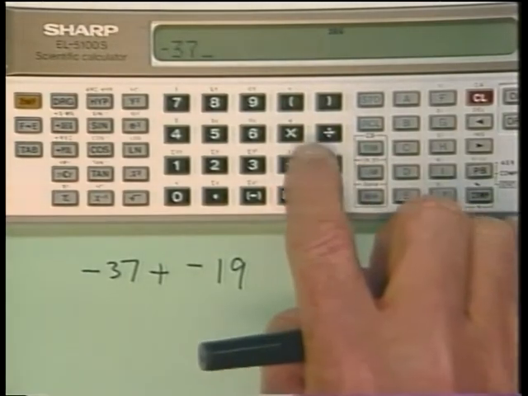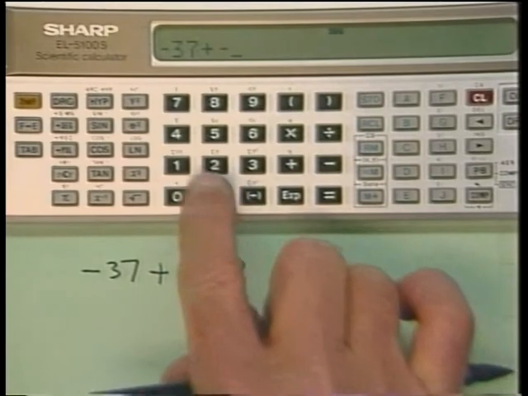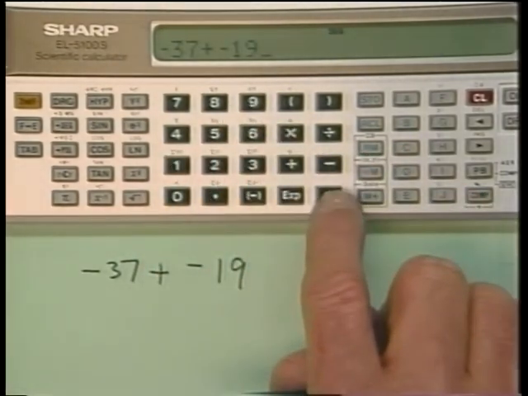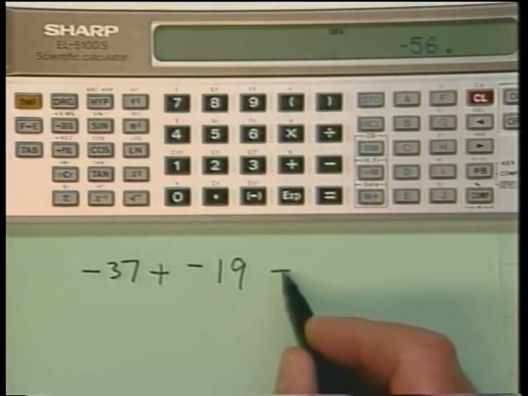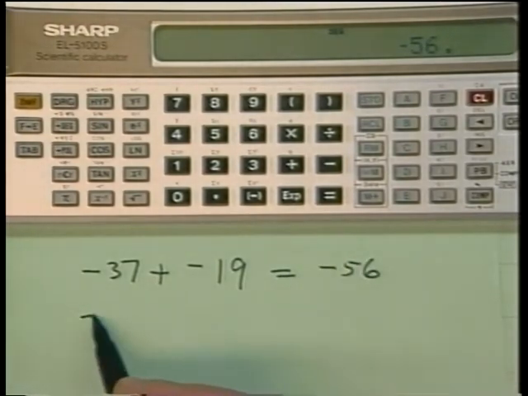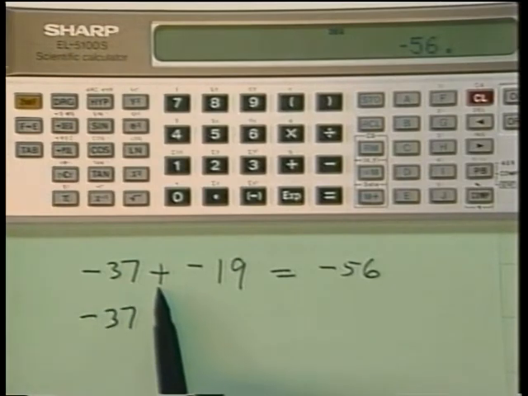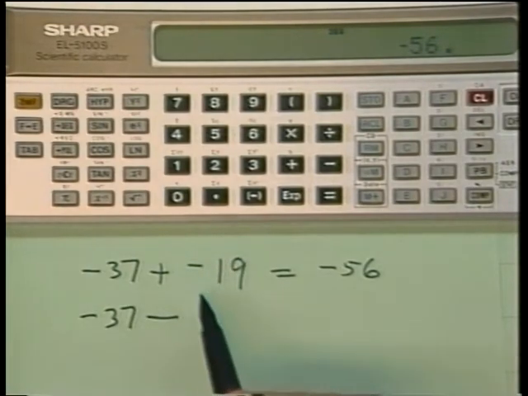then I would say add negative 19, and I would get negative 56. However, recall that we just said you can always change an addition, if you want, back to subtraction if you want to take the opposite of what follows, which is a plus 19.